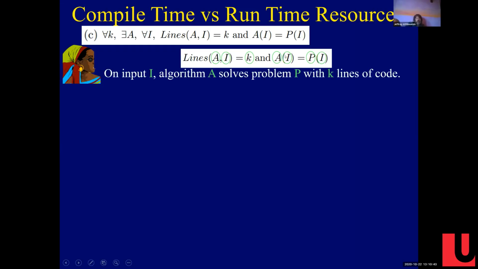Here we have a bunch of free variables: an input, an algorithm, some K, some P. And what am I saying about them? It's a relationship between all those free variables. It's saying on input I, algorithm A solves problem P, and it has K lines of code.